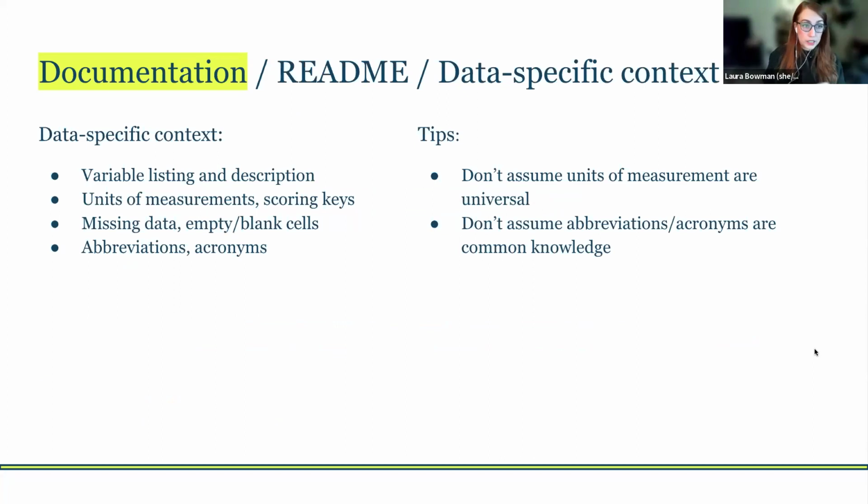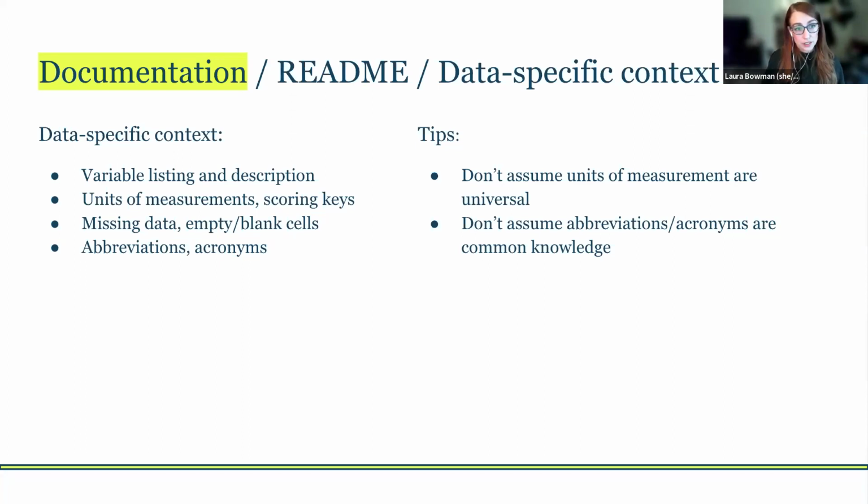Now we'll go to data-specific context. This is my favorite part. And this is stuff about the data that will help you. I mean, it's all to help you use and access the data, but this one is specifically describing your data. So this includes a variable listing and description.